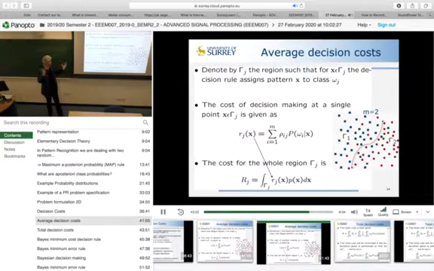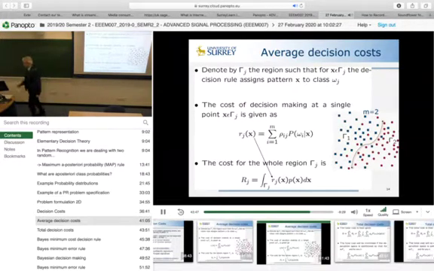And then the total cost for the whole region is to average over the probability of things in that region. So we're integrating over that region. So an integral over a set just means that we integrate over the probabilities in that set. And so that gives us the total cost for that region.